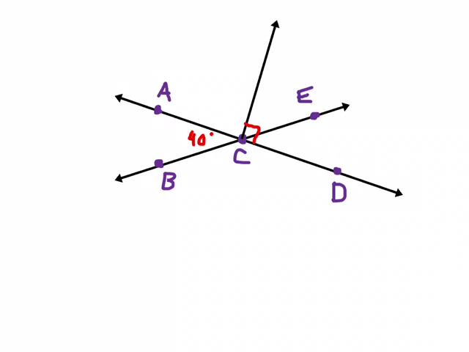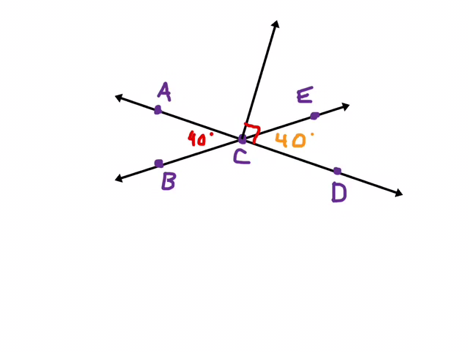It's across those intersecting lines, which means that it must be the same. So this angle has to be a 40-degree angle. Again, because it is vertical with the 40-degree angle across from it, ACB. And I know that vertical angles are always congruent.